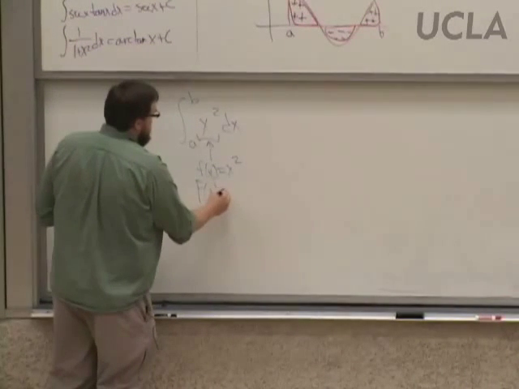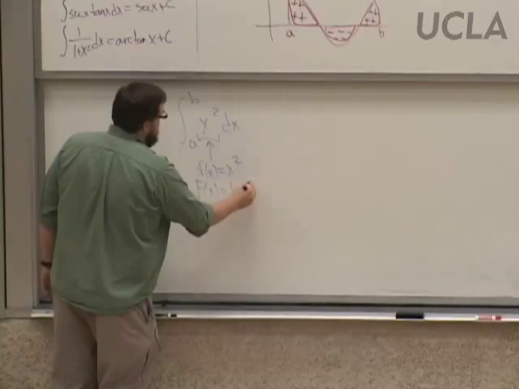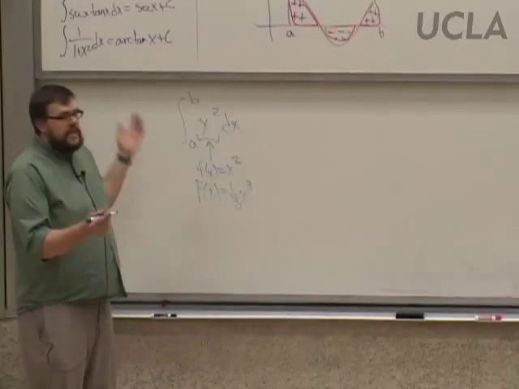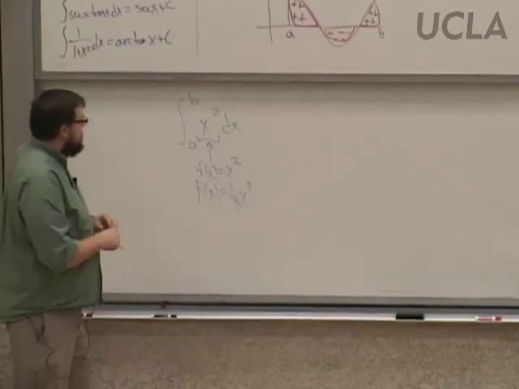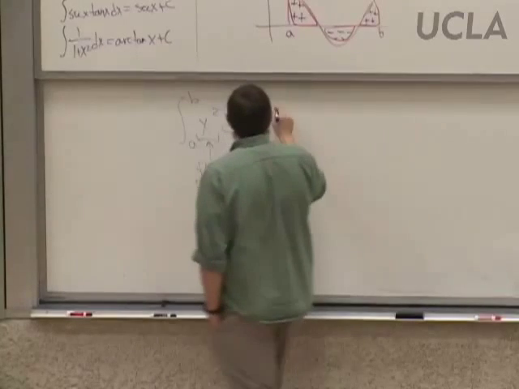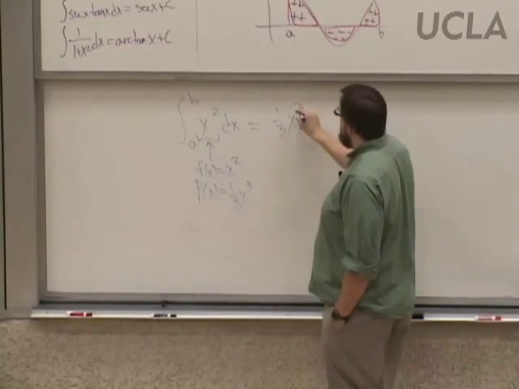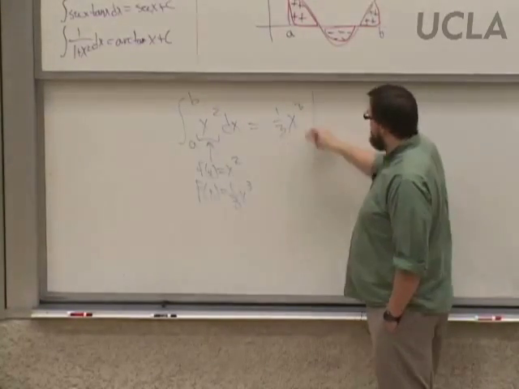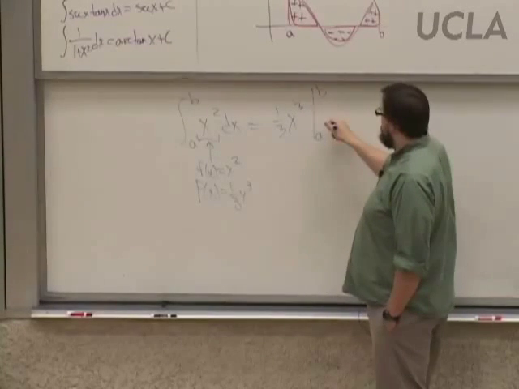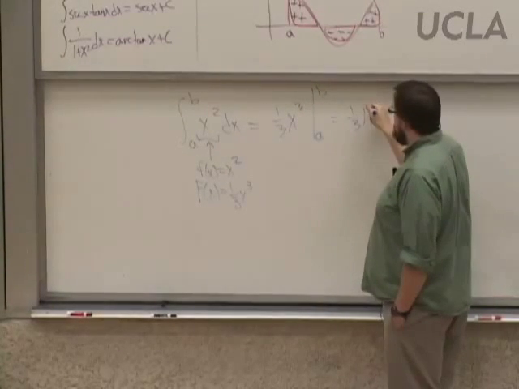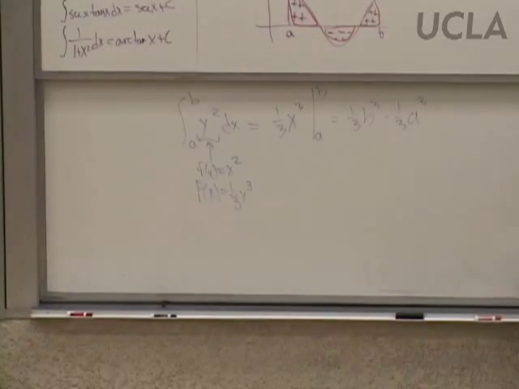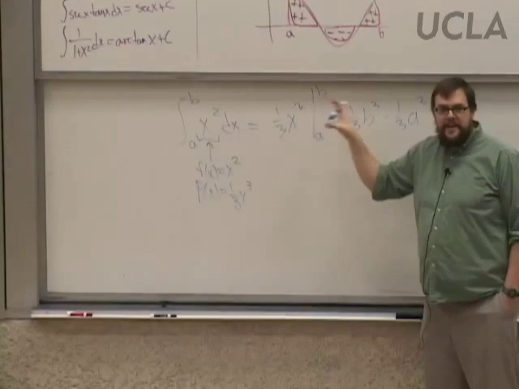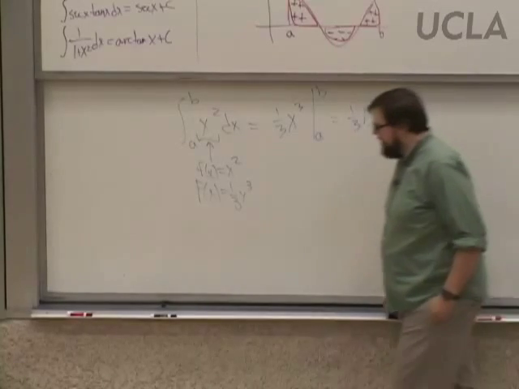It's 1/3 x cubed. Now, notice I said any antiderivative. So we know that 1/3 x cubed is an antiderivative. And so according to this, I take 1/3 x cubed, an antiderivative of what's inside, and I evaluate from a to b. Or I take 1/3 b cubed minus 1/3 a cubed, and let's check. Oh, it's the same. Notice how this was faster, though. It didn't take us an hour.